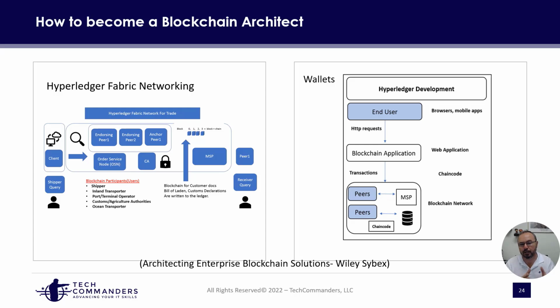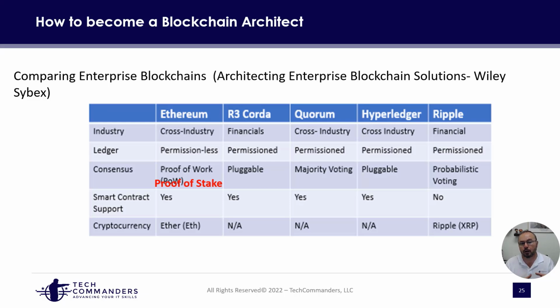And then when it comes to Hyperledger Fabric, understanding development, these are very important as well. Being able to understand networking and how all this works. Comparing different blockchains, very, very important to talk intelligently about the differences between each blockchain.